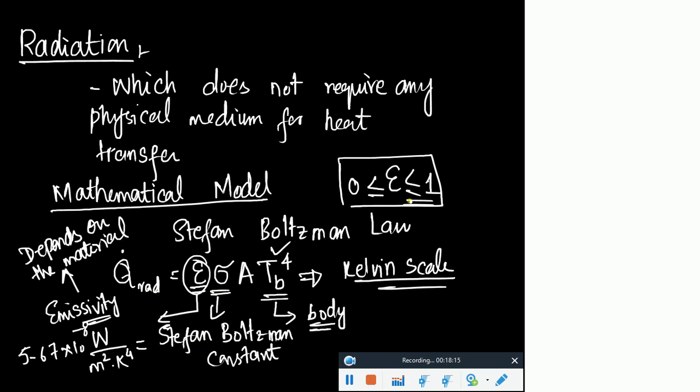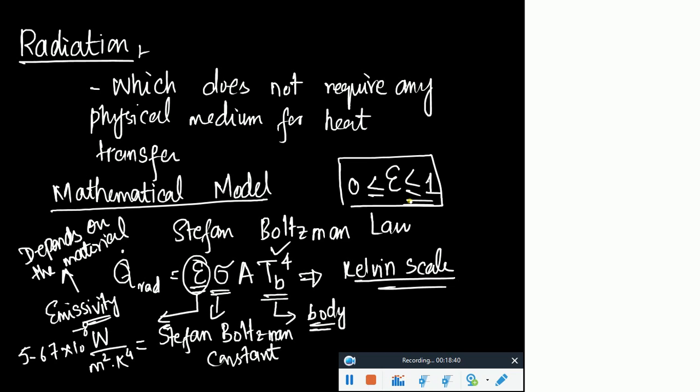Sometimes you try to polish it with black color to achieve that property. Sometimes it is the color which is affecting those electromagnetic radiations and all that.